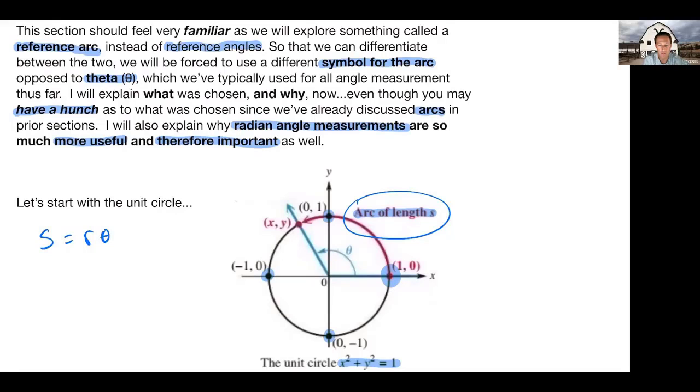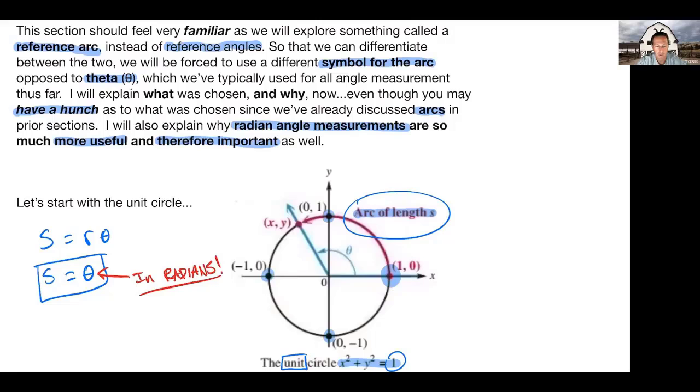If we are on what is called the unit circle, given a name because of our radius of length 1, then we can say that this new formula for an arc length is equal to theta, which, remember, had to be in radians. That was the key to that.